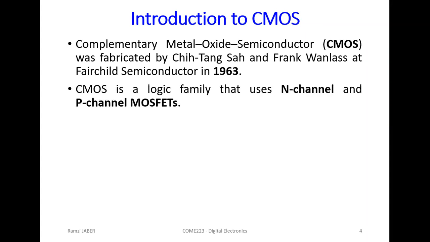CMOS is a logic family that uses N channel and P channel MOSFETs. So a CMOS circuit uses MOSFETs, but with some conditions. They will use both at the same time, N channel and P channel.